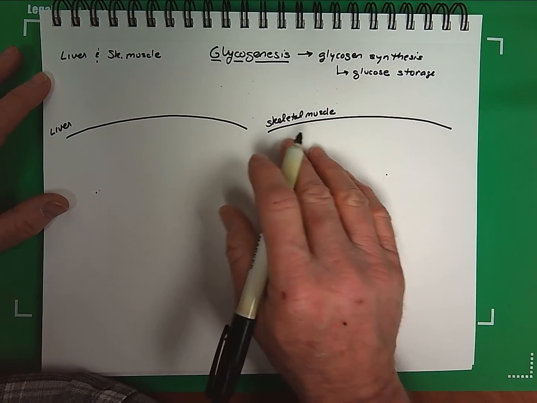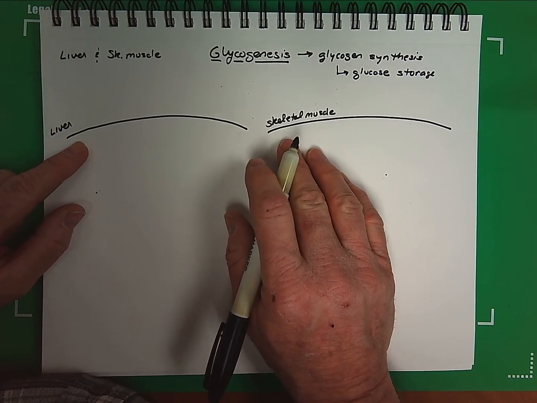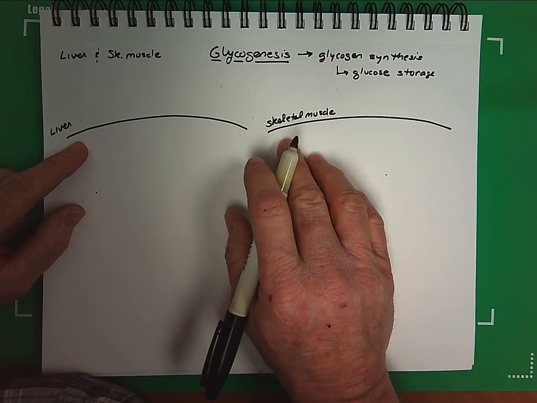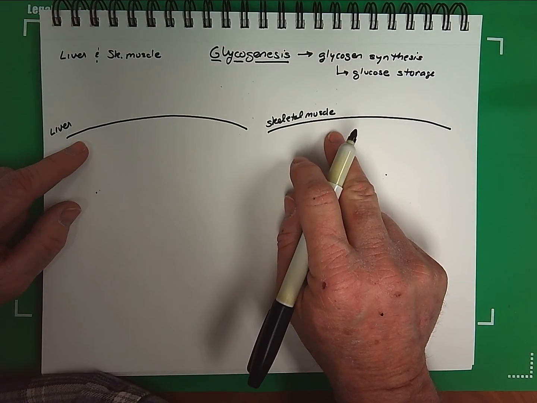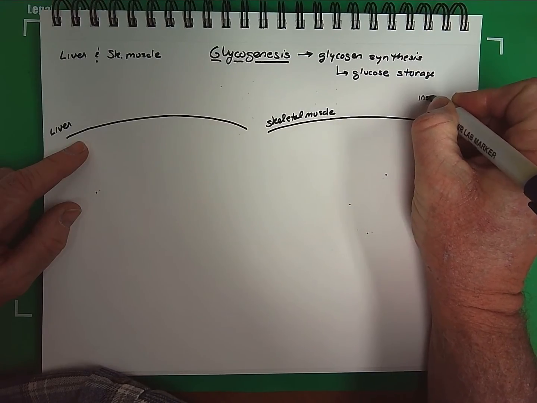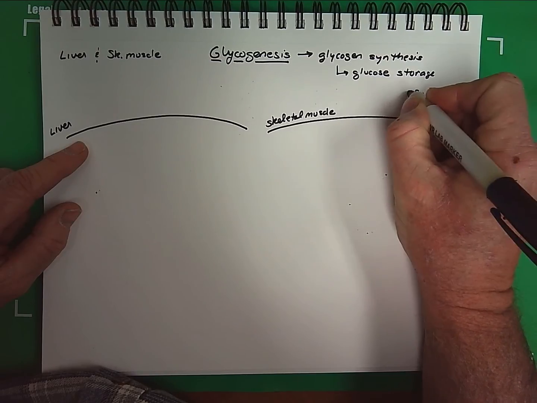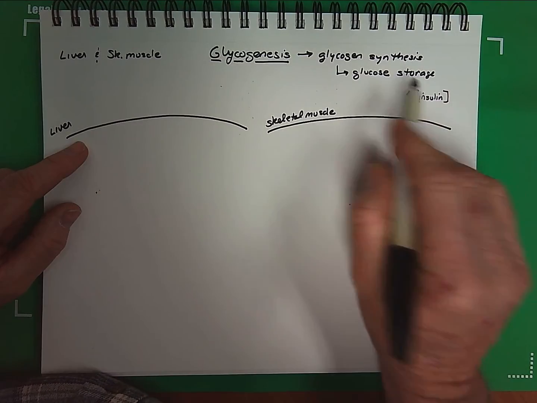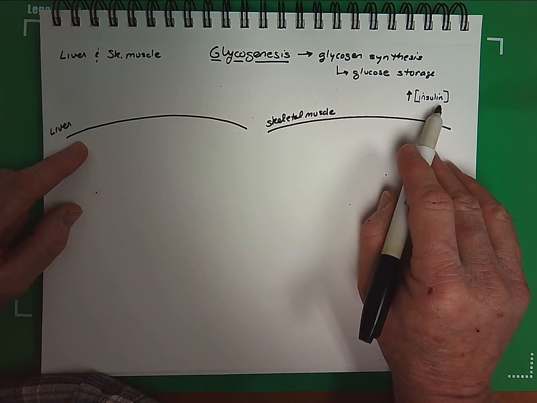Now let's take a look at the two different organs, slightly different activities that both of these organs have in glycogenesis. And let's start with skeletal muscle because that's the easier one. Now recall that in the fed state, we have high insulin concentrations in the blood as a result of high glucose in our blood stimulating the beta cells of the pancreas to secrete insulin.